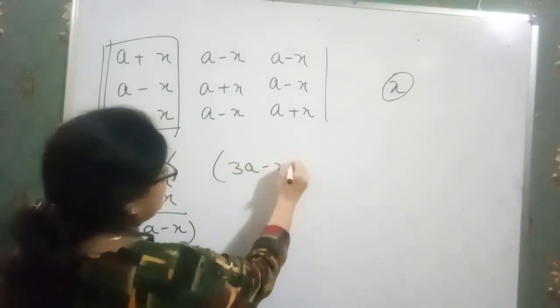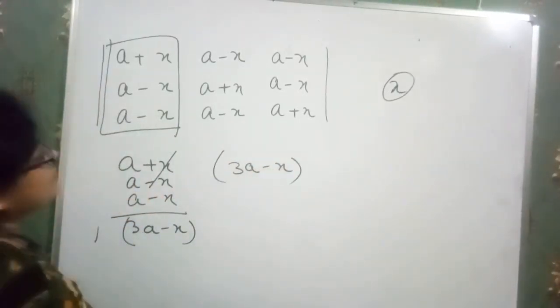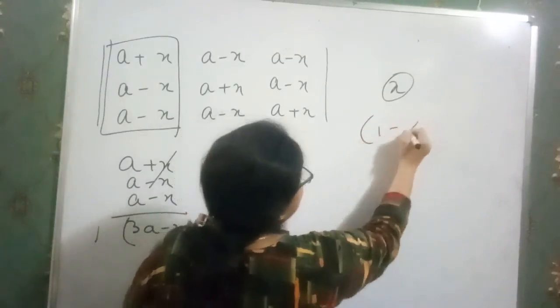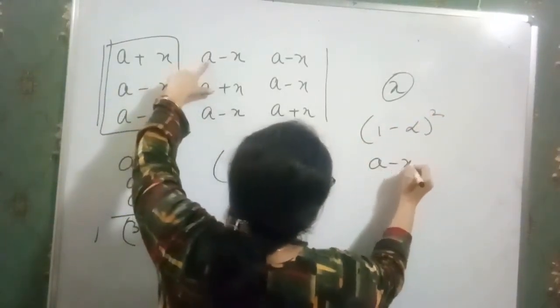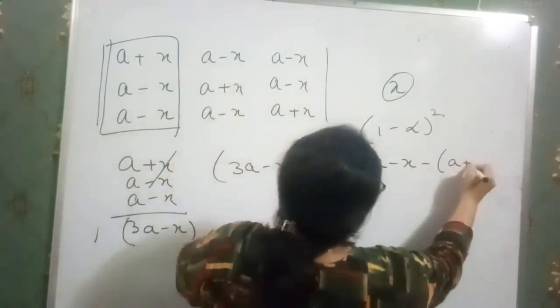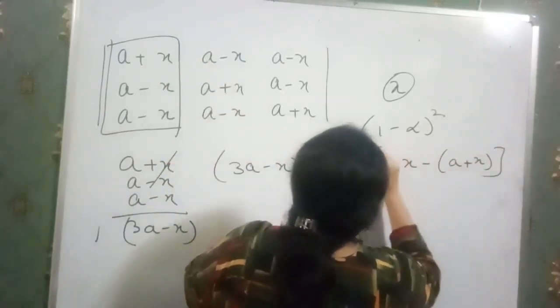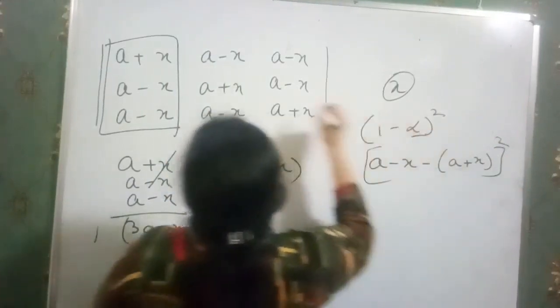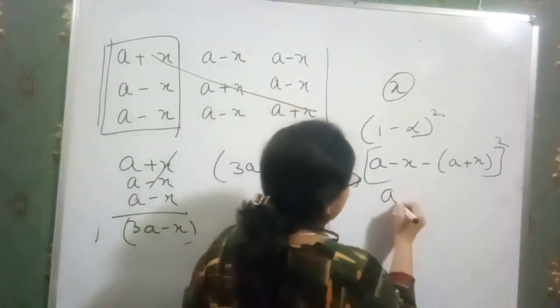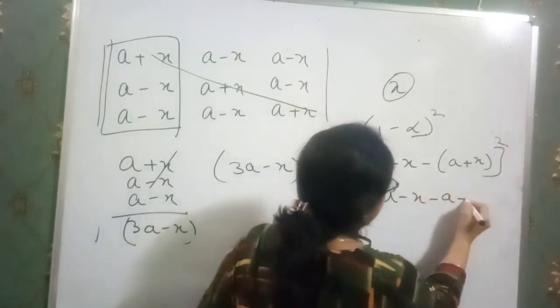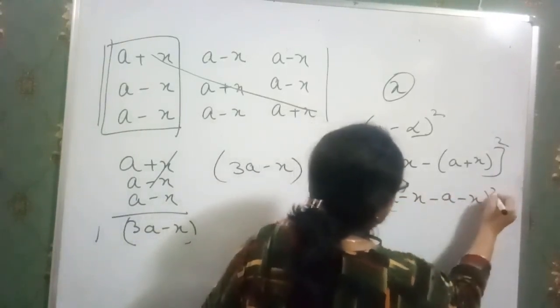Clear? Now in the second bracket we have what? 1 minus alpha whole square. That means a minus x minus a plus x whole square, where alpha is the trace element, the diagonal element. So we have a minus x minus a minus x whole square.